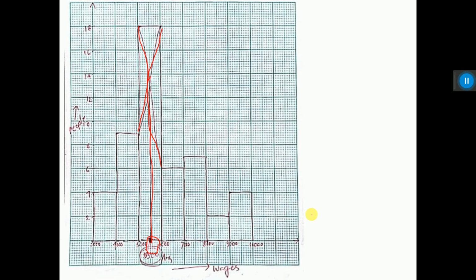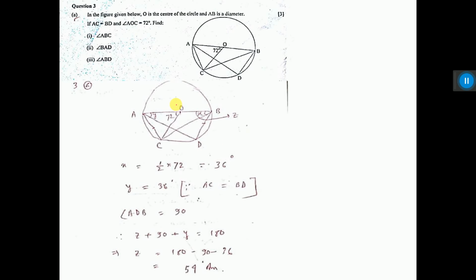Okay, next is this sum. See, here we have to find these three angles. So these three angles I marked here: this one is x, this one is y, and this total is z. I have marked so that my calculation writing portion will be less.